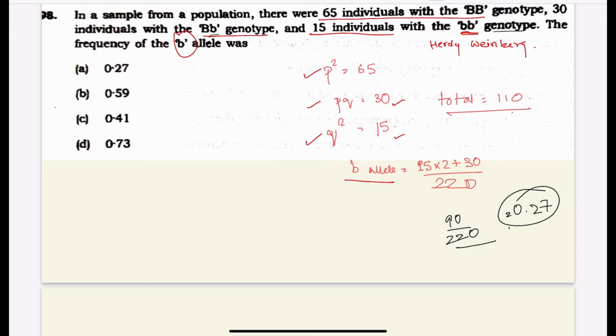Same with 110 into 2. Okay, that's 15 into 2 plus 30. In pq it is found only once, right? Then divided by 220. That is 110 into 2 because all of them are found twice. So we'll get 30 plus 30 divided by 220. 90 by 220 gives us 0.27. So our answer will come as A, 0.27.